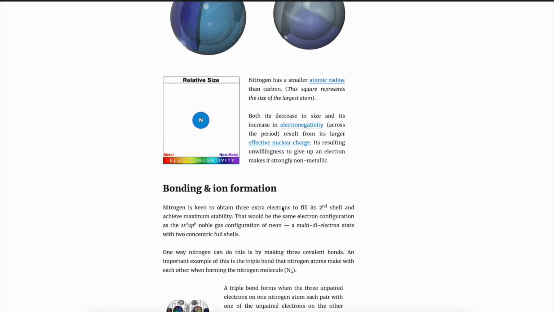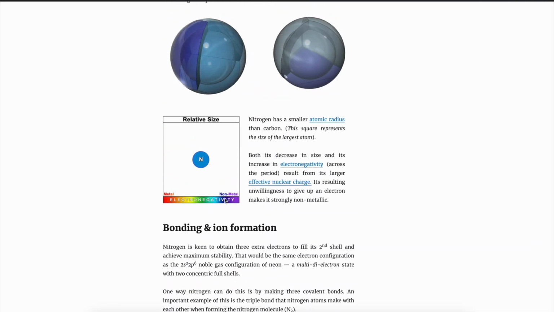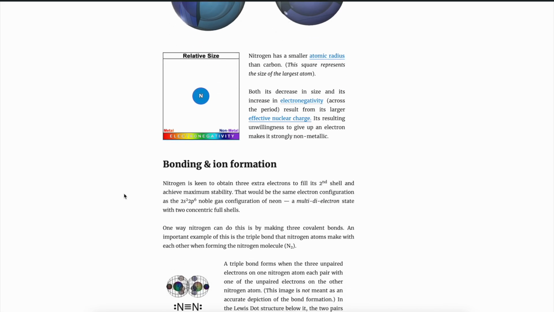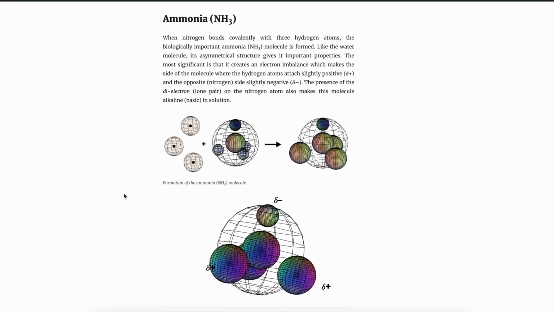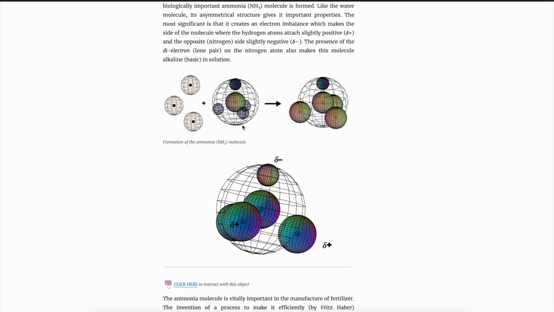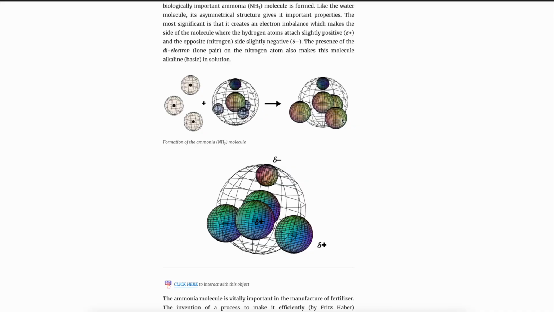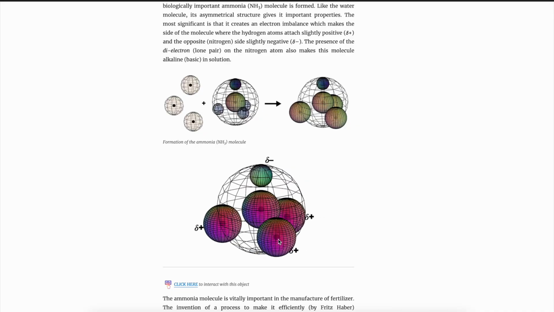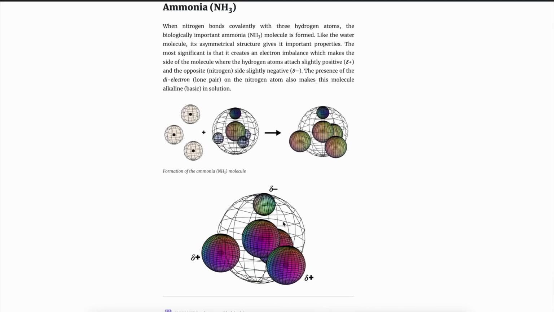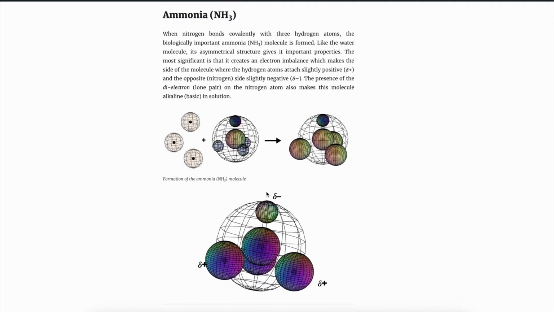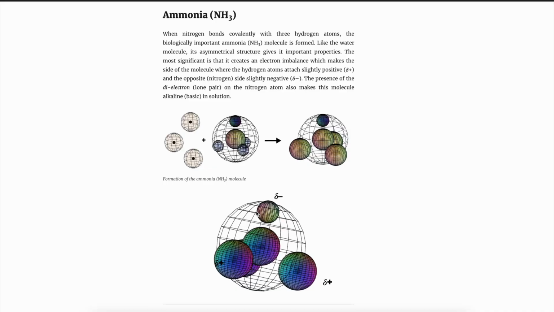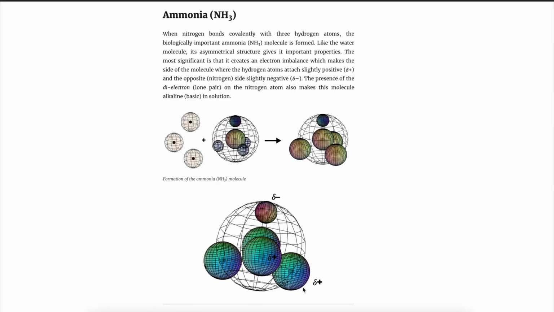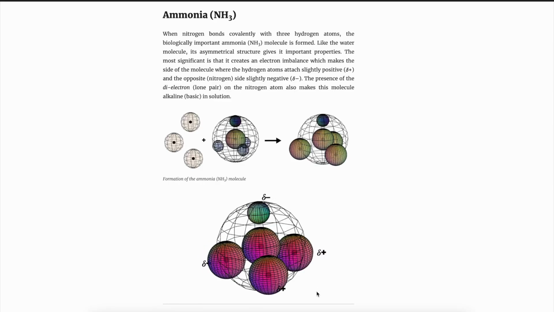If we go back to this chart, nitrogen's electronegativity is up in the blue scale, whereas hydrogen is down here in the green, which means that nitrogen's atom is pulling the electrons from these hydrogens more strongly than the hydrogen can pull them itself, which means that overall, the electron density in this molecule will migrate towards the side of the nitrogen's lone pair and away from the hydrogen end, which means that the end where the hydrogens are bonded will tend to feel a little bit positive.